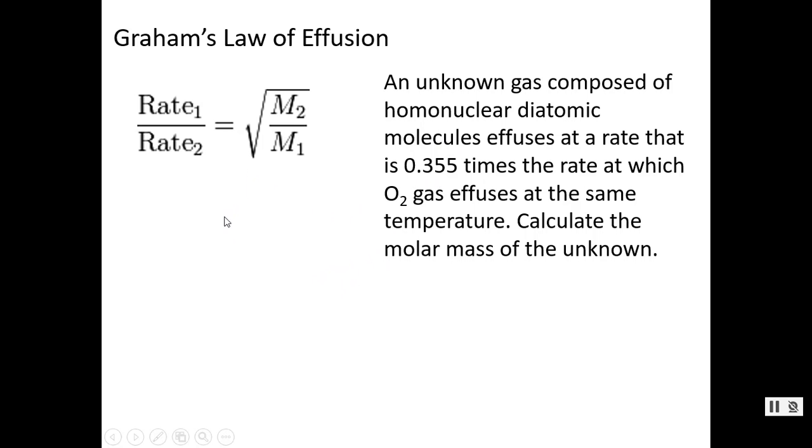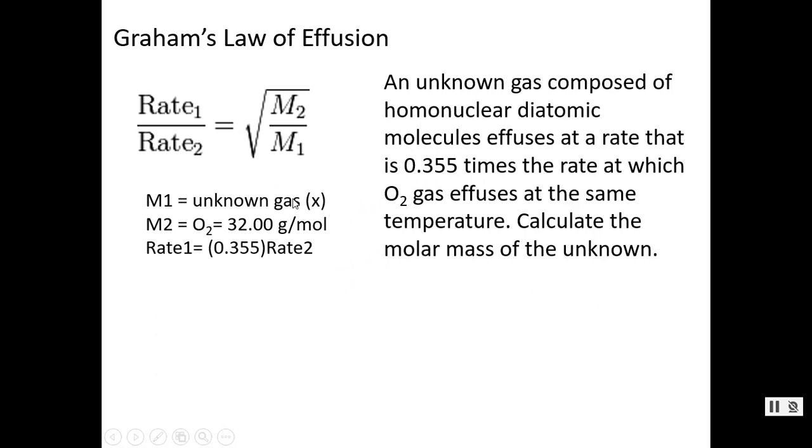So let's break that down a little bit and write down what we know. We're looking for the molar mass of the unknown, so let's call that M1. We don't know what that is, so we'll call it X. The gas that it is being compared to is oxygen, so we'll call that M2.